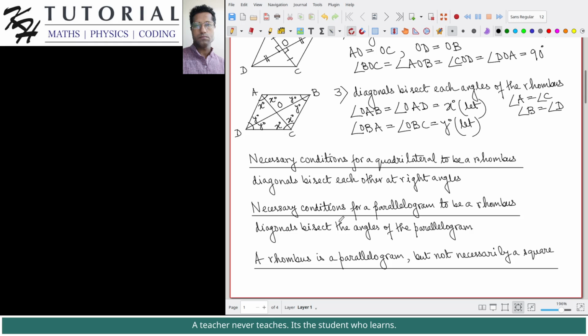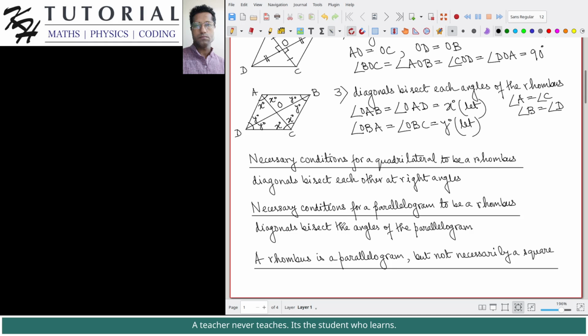Additionally, a square has more properties, like all the angles are 90 degrees. The only similarity between a rhombus and a square is that both figures have all sides equal and they are both parallelograms. So this is the similarity between a rhombus and a square.